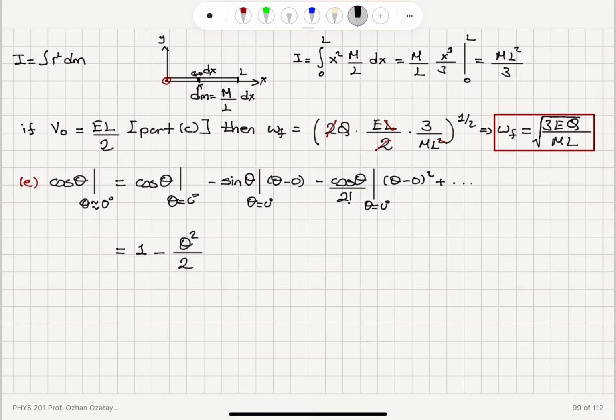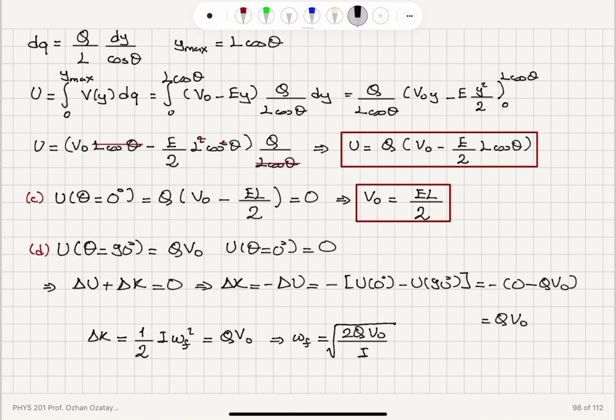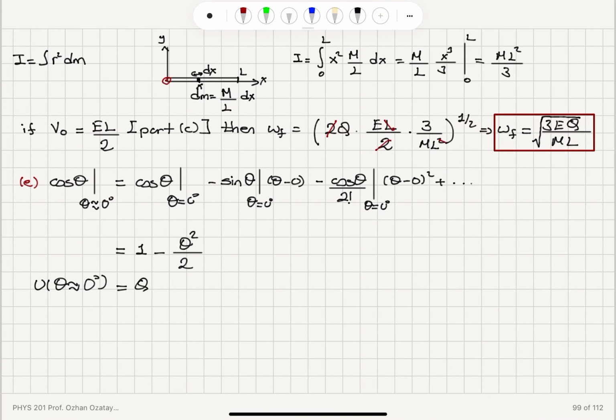The potential energy around theta equal to 0 degrees is going to be Q times V0 minus EL over 2 cosine theta. Copying this result, for cosine theta I write 1 minus theta squared over 2.